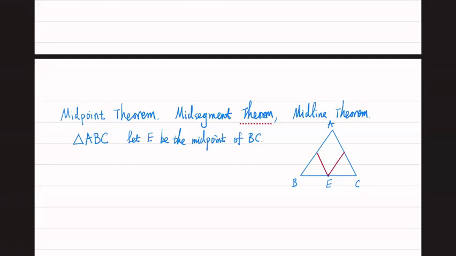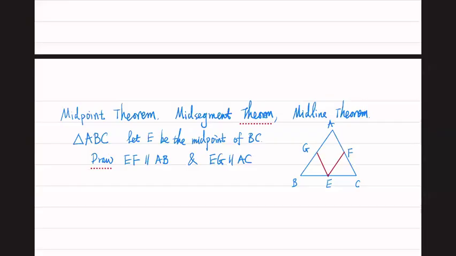So this point on AB, this will be F. Draw EF parallel to AB, and EG parallel to AC.